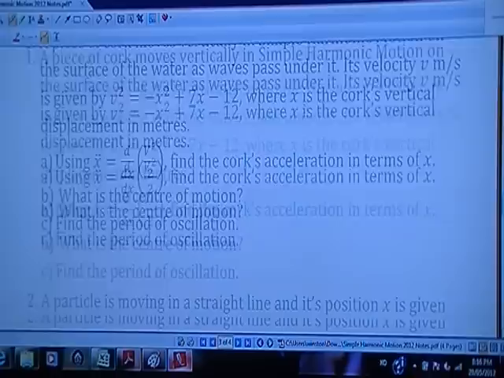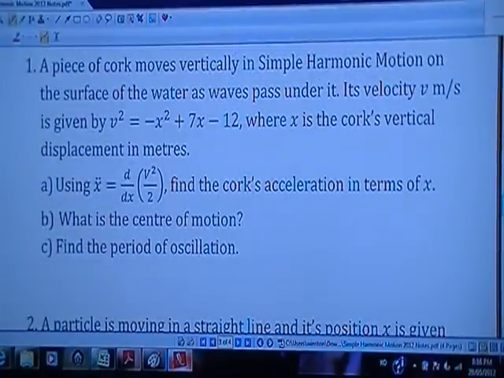Okay, so we're looking at the simple harmonic examples. Number 1, a piece of cork moves vertically in simple harmonic motion on the surface of the water as waves pass under it. Its velocity is given by this expression, where x is the cork's vertical displacement in meters. Using this, find the cork's acceleration in terms of x. So remember for part A, x double dot equals d dx of half v squared.